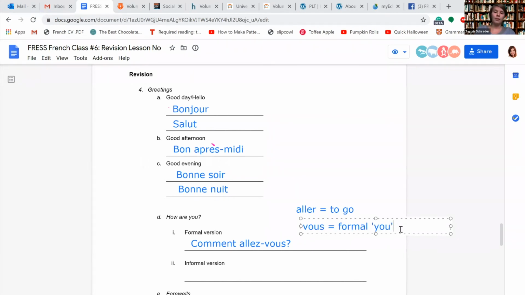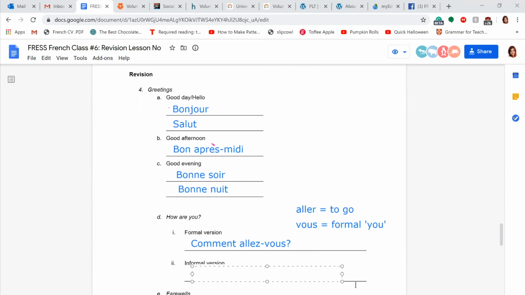Okay, so that is how that sentence is constructed. You have comment allez-vous? And you notice I don't pronounce the Z, that disappears. Then, informally, what do we say? Comment ça va?